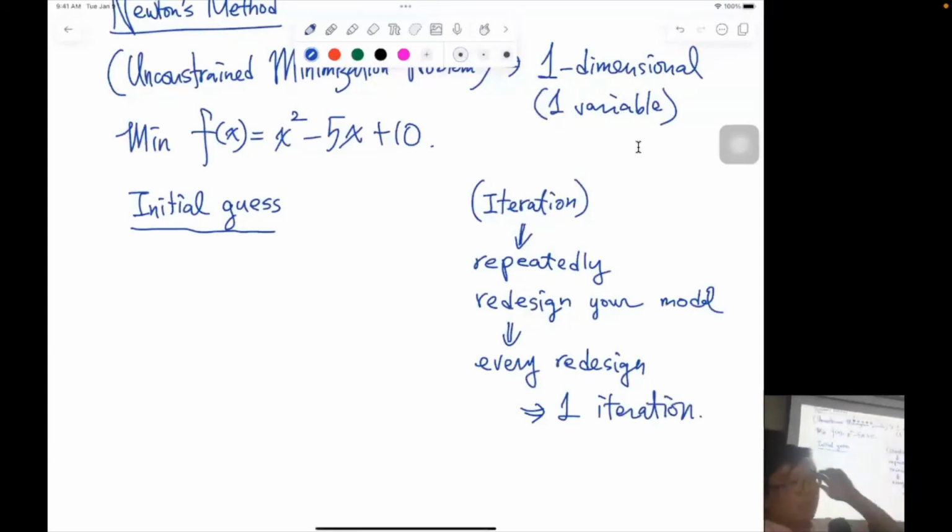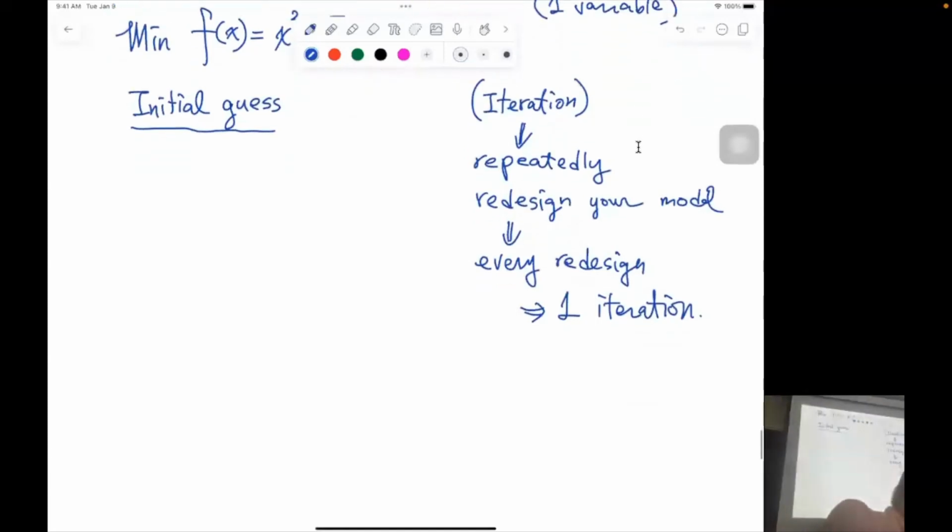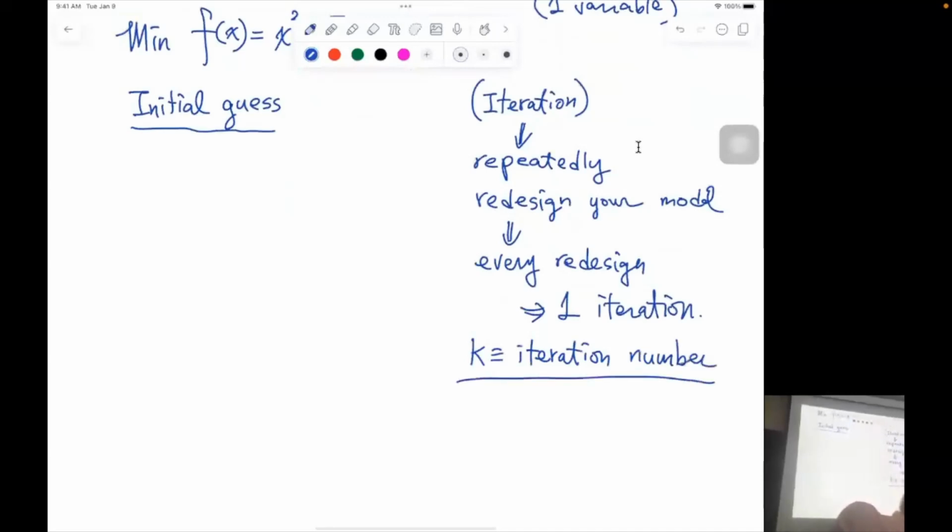Sometimes we want to use a number to represent how many times you retry. So we define k as the iteration number, and we start with k equals 0.